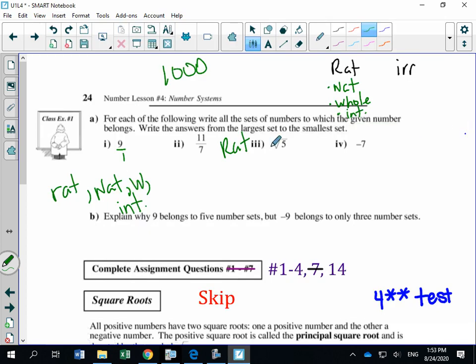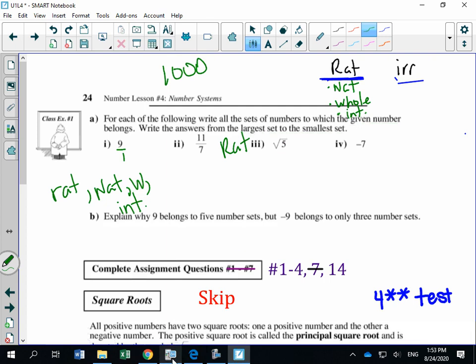Okay, now, is this guy natural, whole, or integer? It's none of those. Because remember that if it's a decimal, it's only going to be rational or irrational, right? So these can't have decimals.